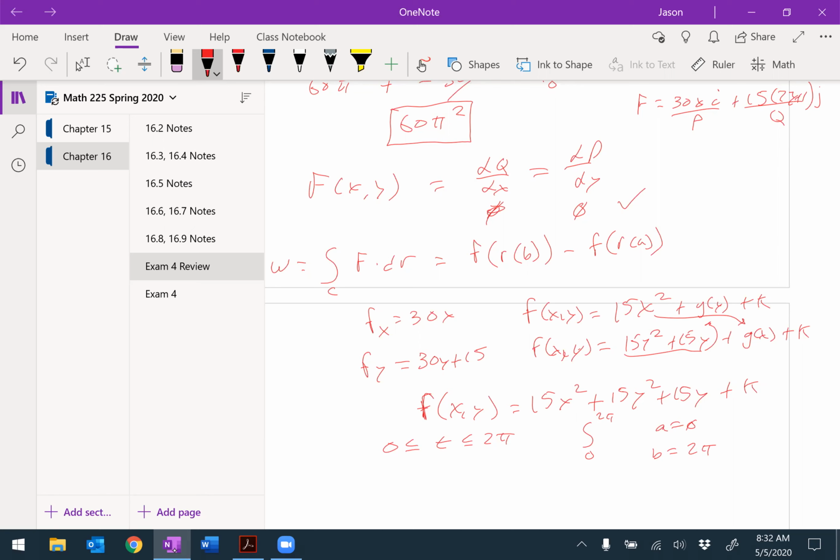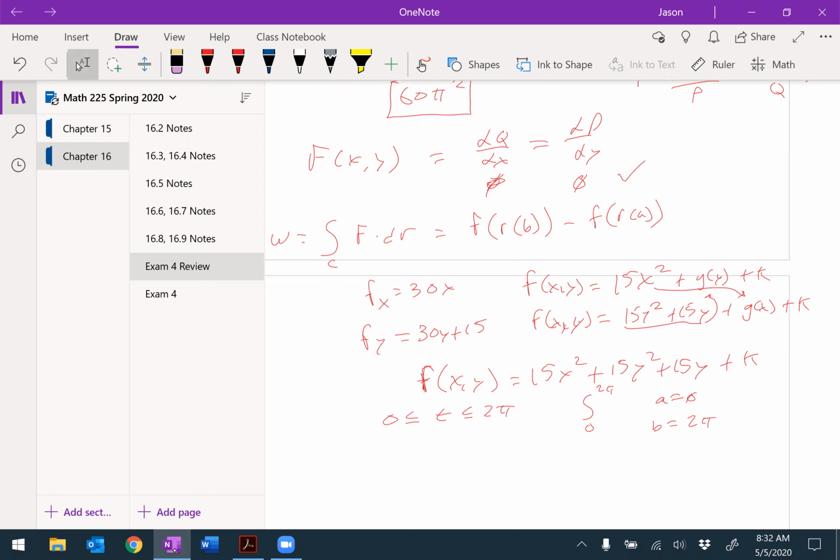I need to find first what x and y are in terms of r.